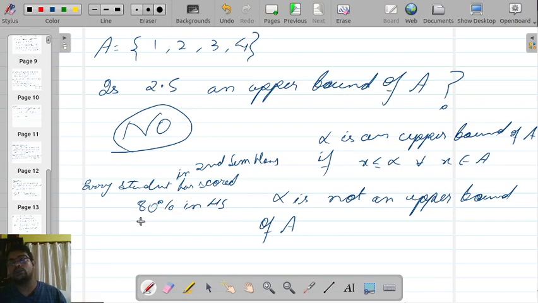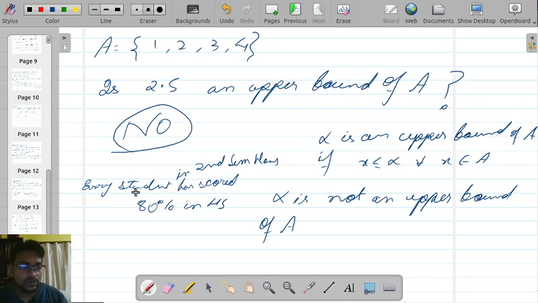So under what condition will this statement be false? Please think nicely. This statement will be false if somebody can give me a student of second semester who has scored less than 80%, or who has scored something other than 80%.